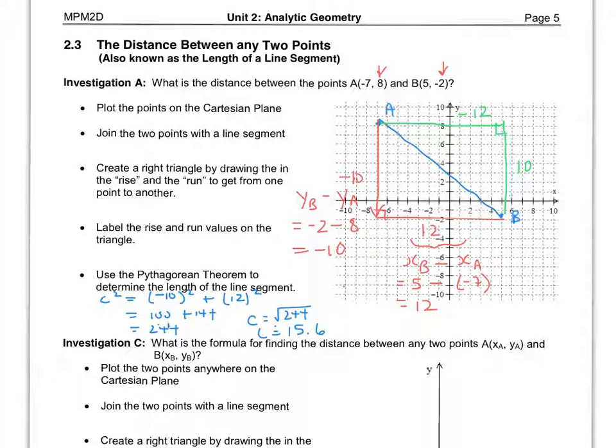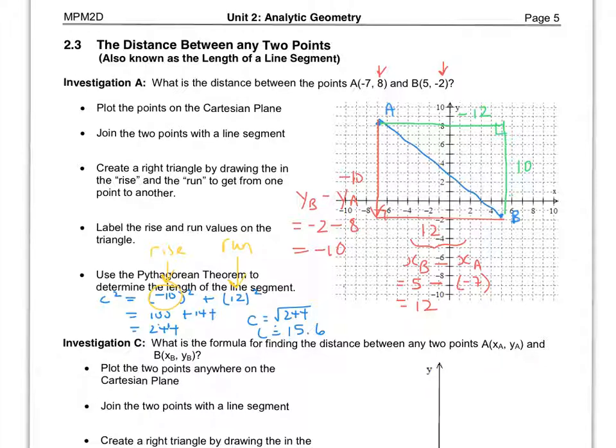Okay, so we're going to use this information to make a generic formula for anything. The connection here that I need you to see is that the negative 10 ended up being my rise, and this 12 really is my run.